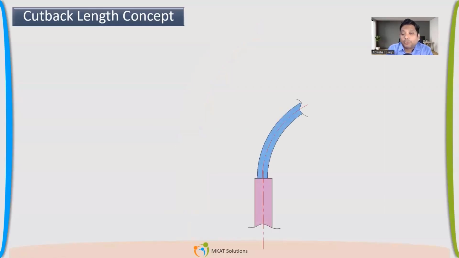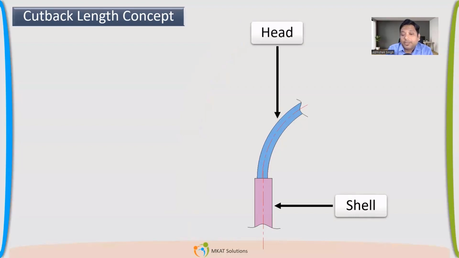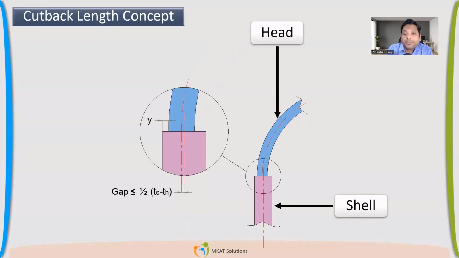Okay, so this is how we were trying to join. Even if I connect exactly up to the hemispherical portion, exactly maintaining that hemispherical head, and I'm just connecting the shell. This is the shell and the head, I think you can identify.